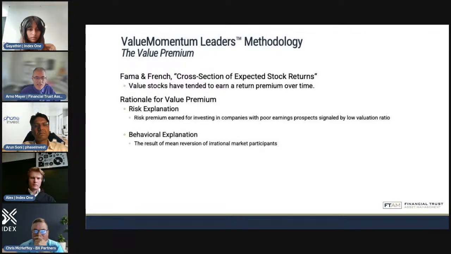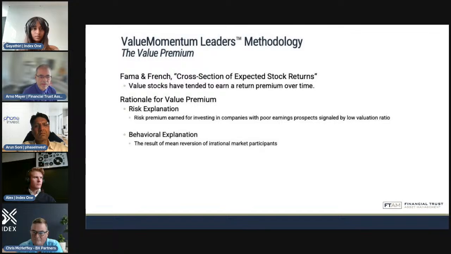One is a risk explanation. The risk premium is earned for investing in companies that have poor prospects and therefore have a low valuation ratio. So in other words, they're inexpensively priced for a reason. Their earnings prospects, maybe in the more recent period, have not been as positive as people would like.